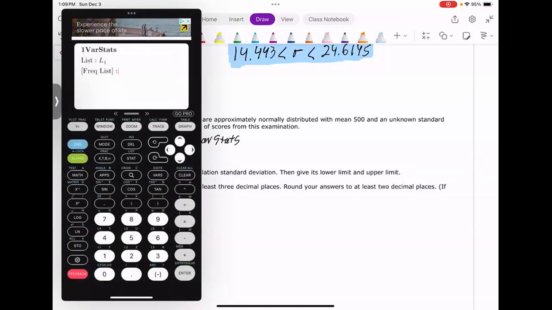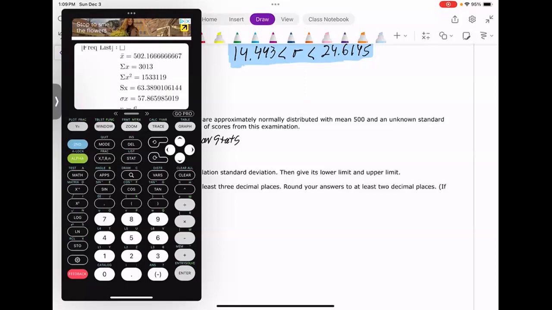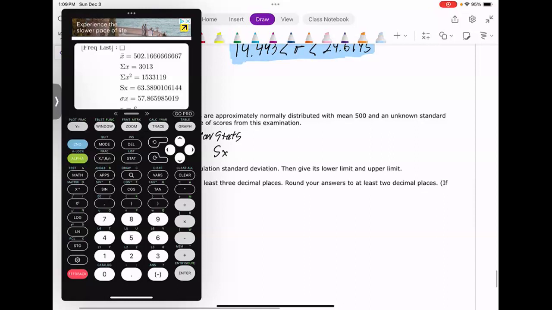All right. My data is in list 1. If yours is in a different list, you'll need to change it to that list. We don't need anything in the frequency. But what we do need after we hit go is the standard deviation that you see right there. So I'm getting that Sx, which is my sample standard deviation, is about 63.389.